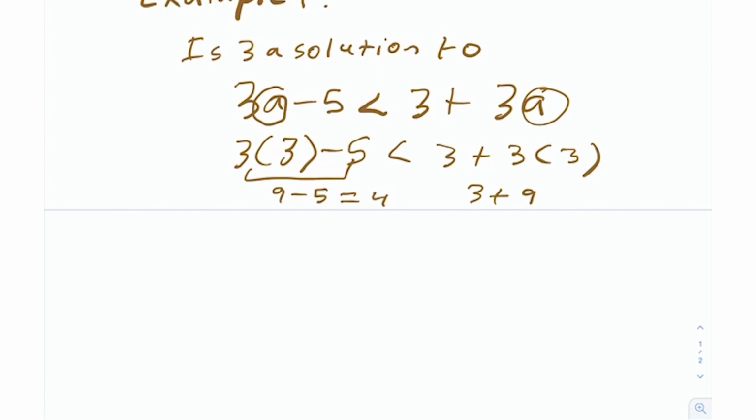Because of the fact that 4, which is the answer for this side, and 12, which is the answer on this side, and 4 is going to be less than 12, this means that this open sentence is true. So the answer is true.